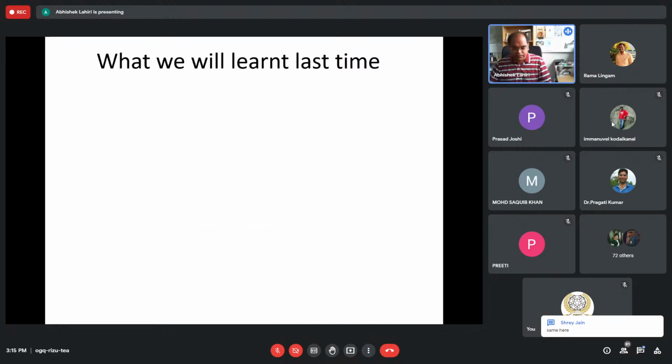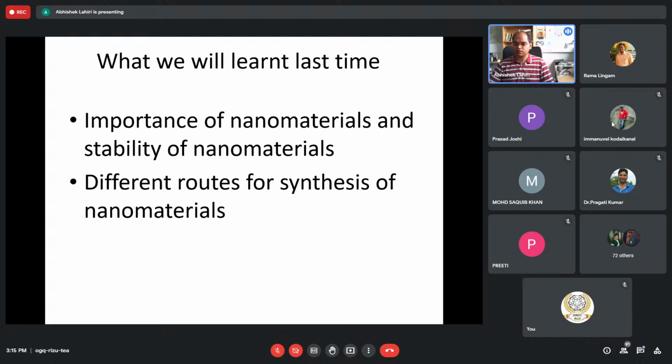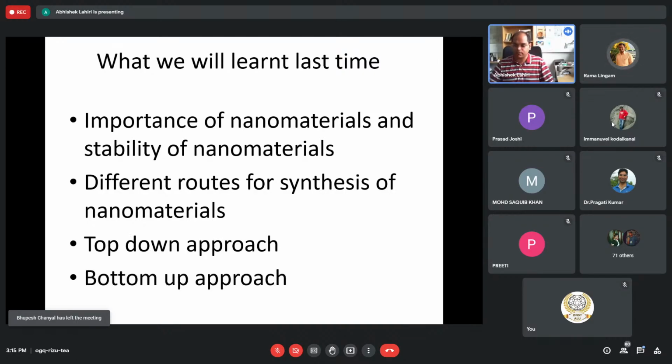Before we go into exfoliation, let's have a small recap of what we learned in the last hour. We looked into the importance and the stability of nanomaterials. We then talked about the different routes for synthesis of nanomaterials: the top-down approach and the bottom-up approach.